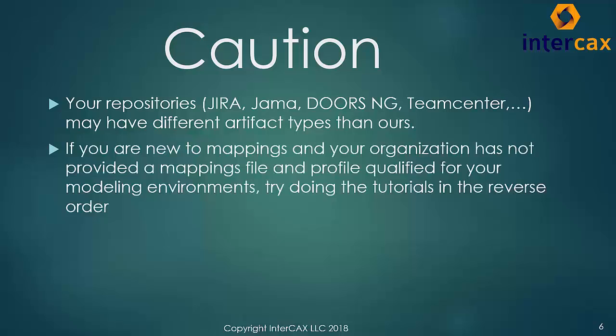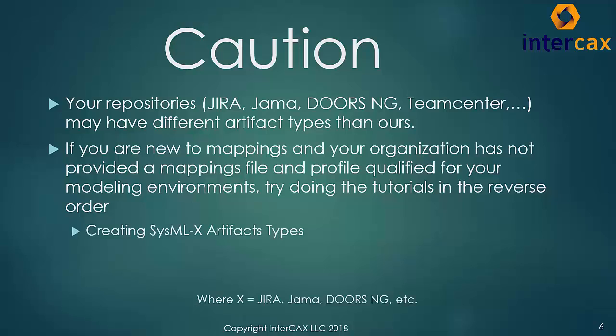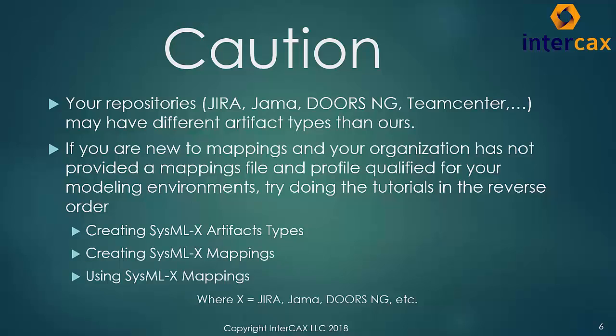If you are new to mapping and you have not been provided with a Syndeia mappings file and corresponding SysML profile by your organization specifically for your repositories, we recommend starting with the last tutorial in each series, adding artifact types, then completing the second to last, creating mappings, before trying to use mappings. While the steps outlined in the tutorial are correct, following the tutorials blindly before you identify what artifact types are used in your modeling environment may end up badly.